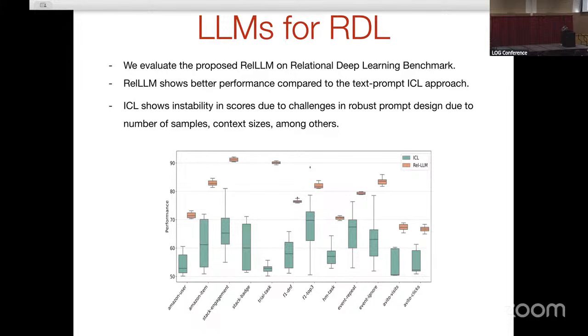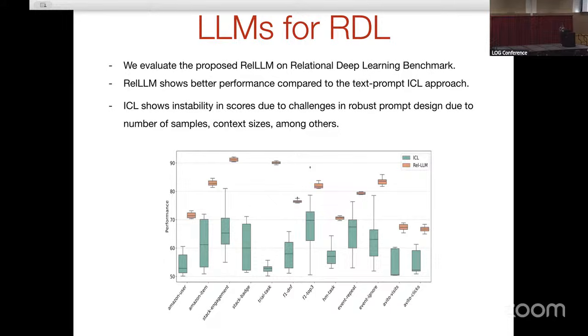So the comparison of green versus orange, one of the key observations is that when we just textify the relational structured data and convert it into an in-context learning task, we see a big variation in the performance.